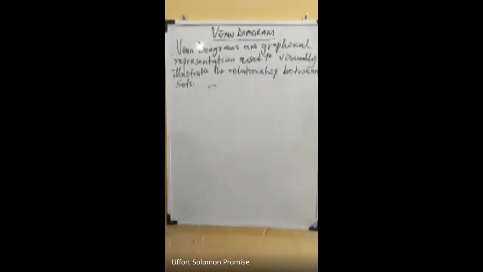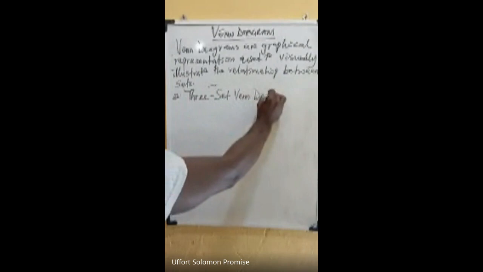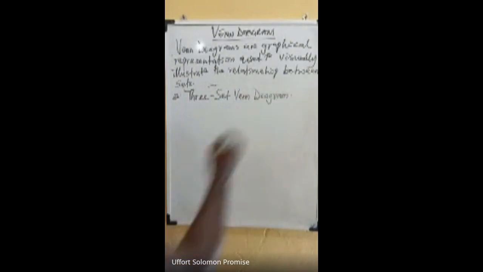So we are still talking about types of Venn diagram. The second type of Venn diagram is the three set Venn diagram.